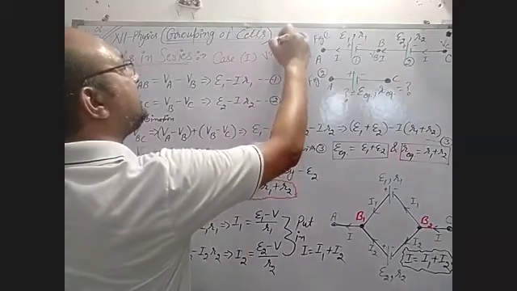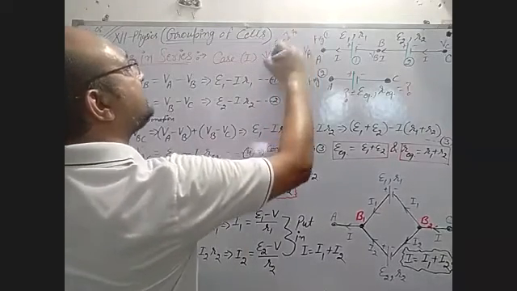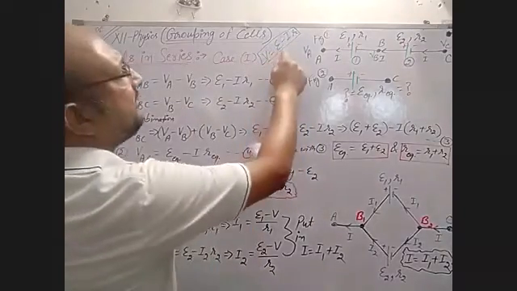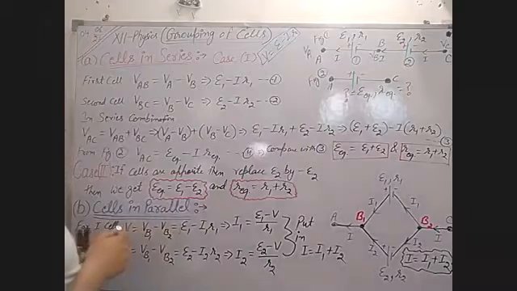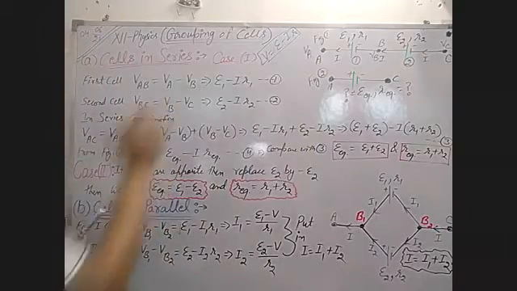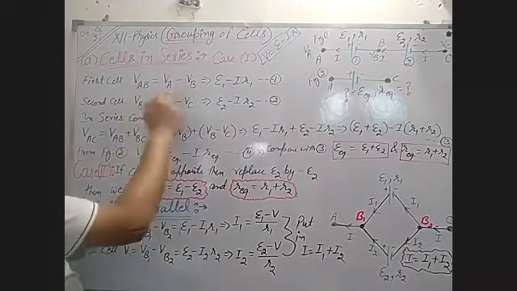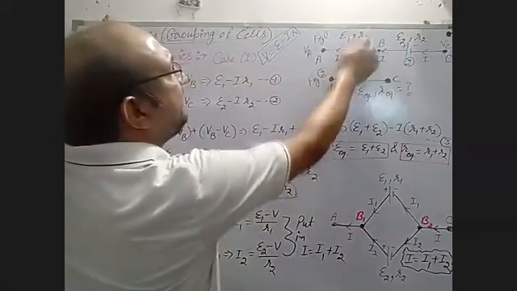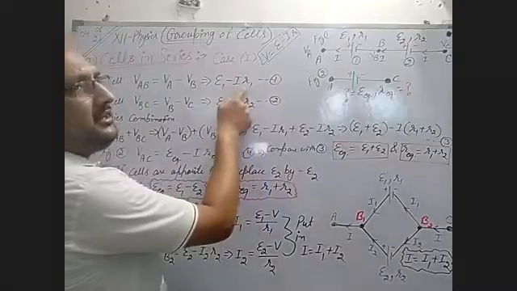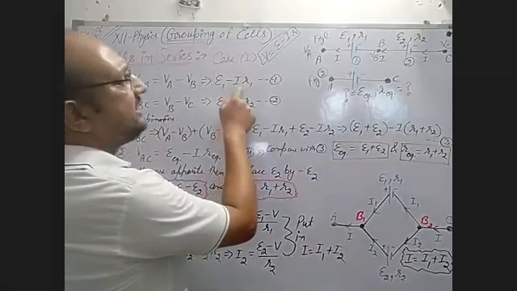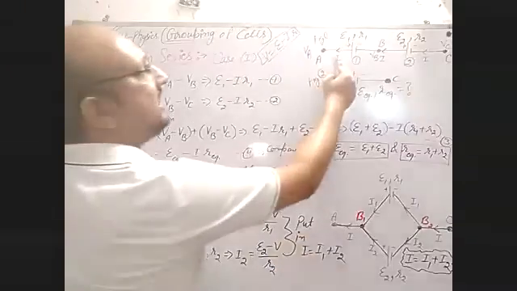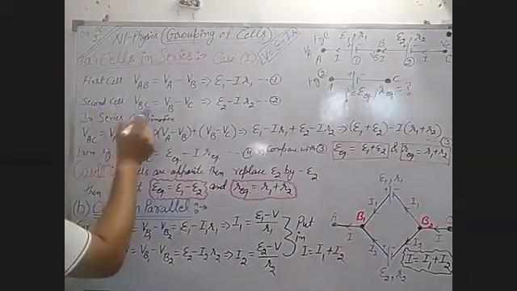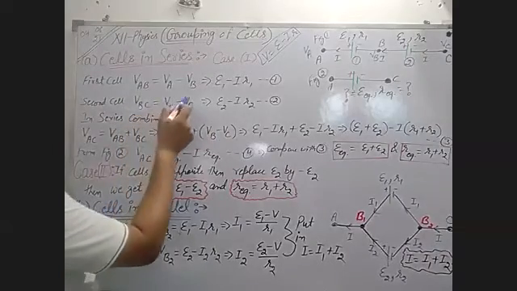If we are calculating potential difference, then it is EMF minus I into R. Now VAB is VA minus VB, and in terms of EMF and internal resistance it can be written as E1 minus IR1.